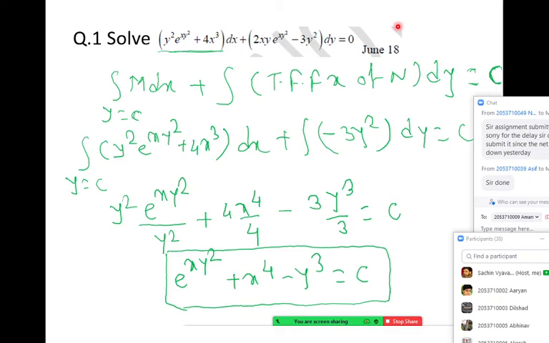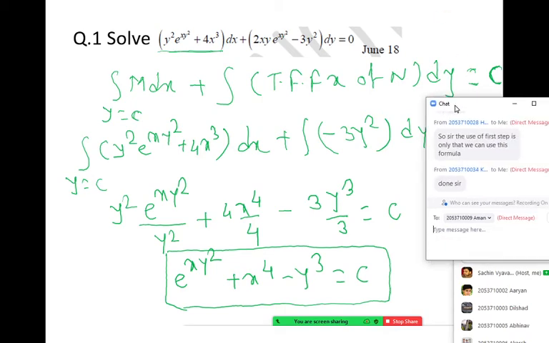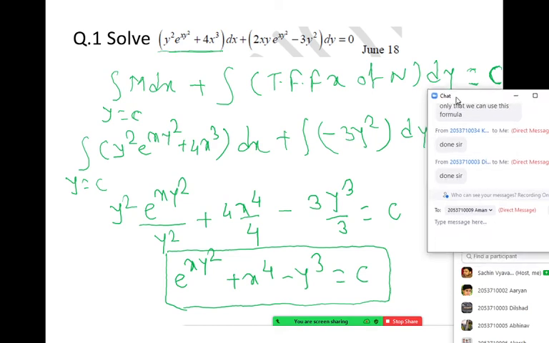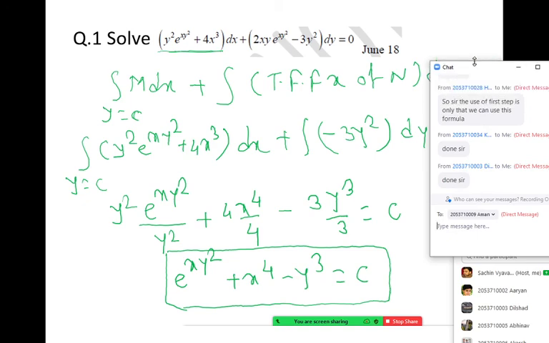So any doubt, anyone? Okay. So everyone completed? Yes. Asif already said done. Very good, Asif. So someone is thinking the use of the first step is only that we can use this formula.